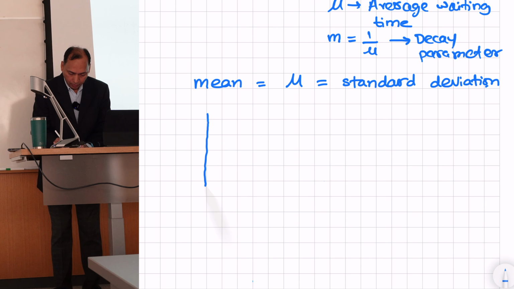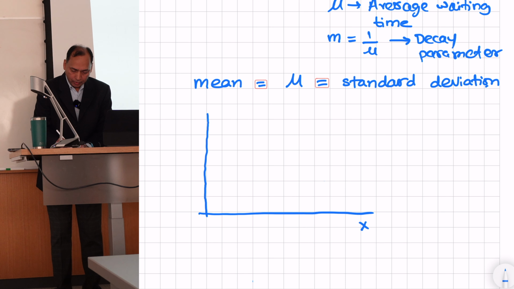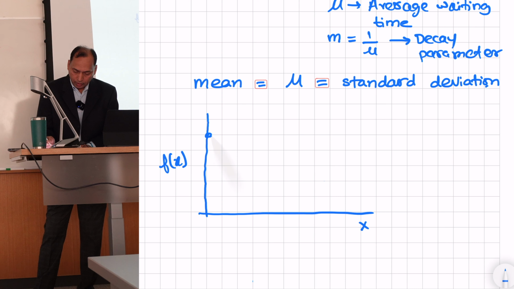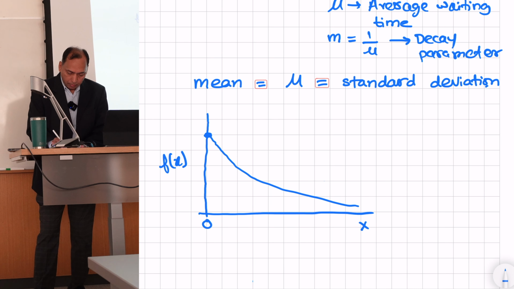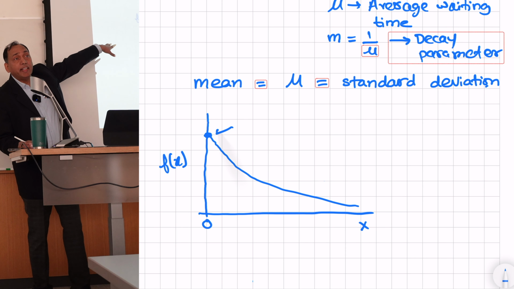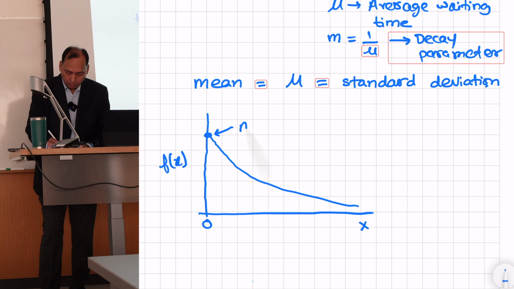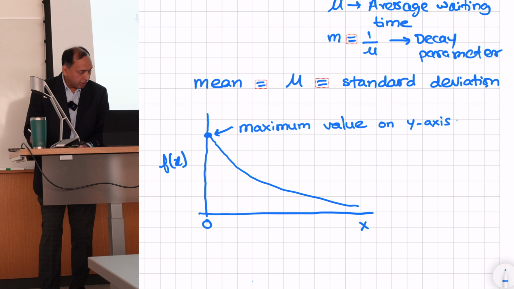If you create a picture similar to what we did earlier, with some random variable x of interest and f of x on the y-axis, let's say we start here and then it keeps on decreasing. The number that you see is the maximum probability, the max value on the y-axis. That number is your m, which is 1 over mu.